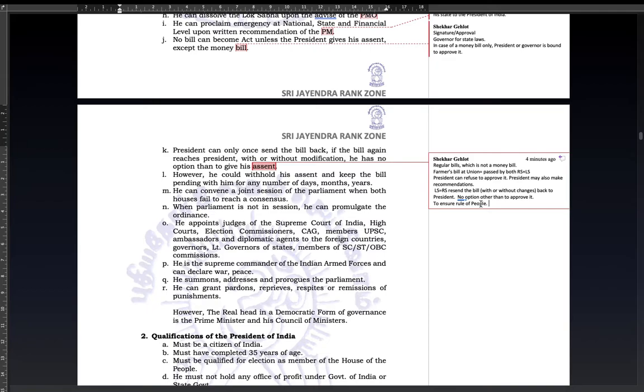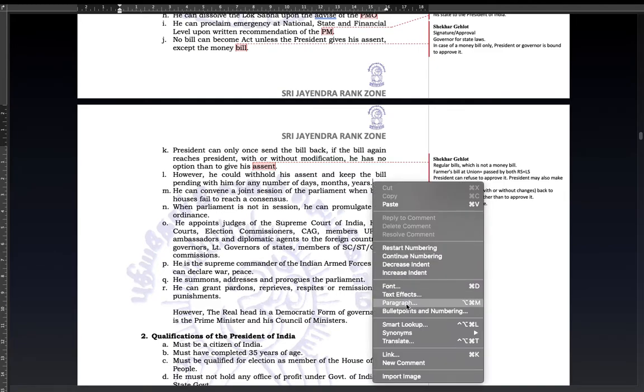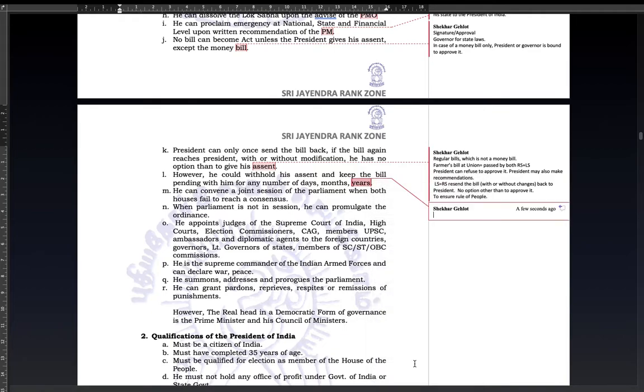However, he could withhold his assent and keep the bill pending with him for any number of days, months, or years. But now see, now the president is bound to approve the bill.